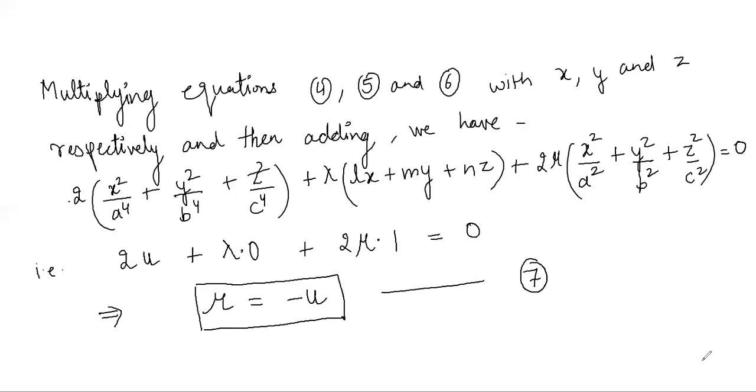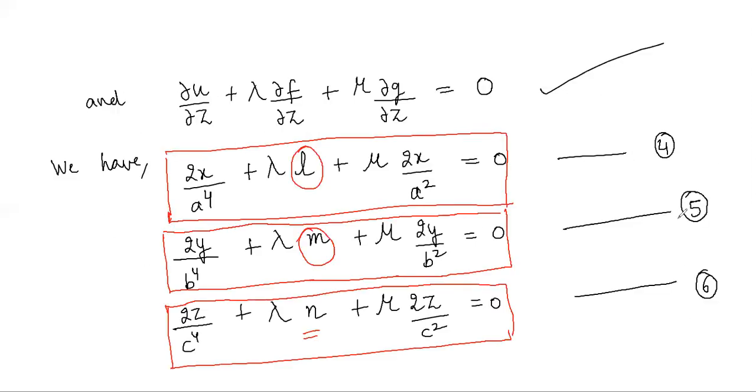Putting mu equal to minus u. Let us check the number of those equations 4, 5 and 6.